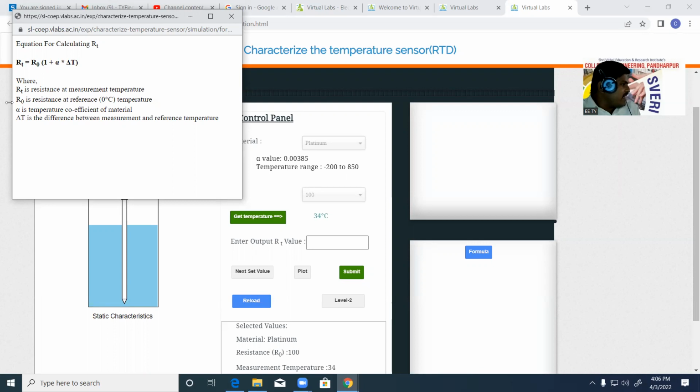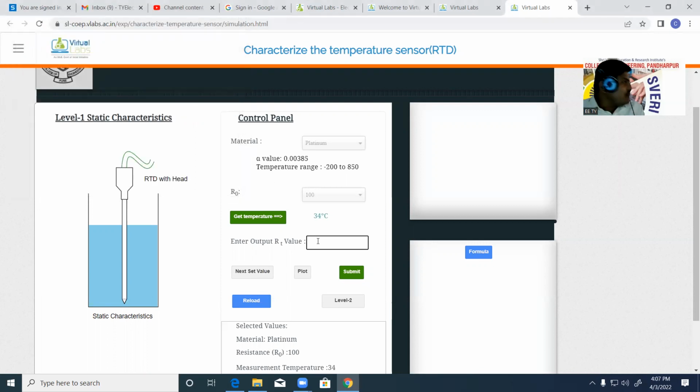Do the calculation and tell me the answer of RT. किती resistance येतोय सांगा. That value we want to put in this bracket. कॅल्क्युलेशन व्यवस्थित केले. 113.09.